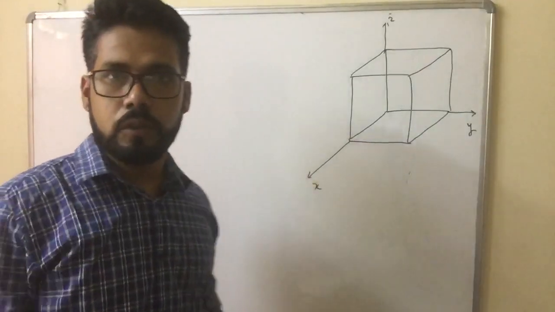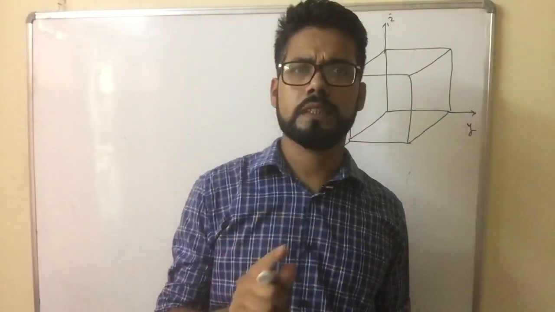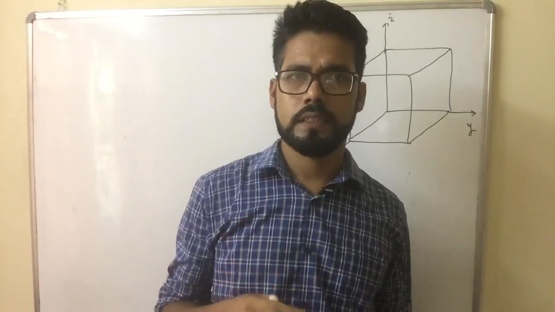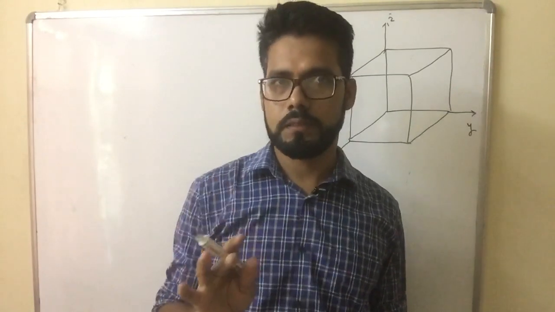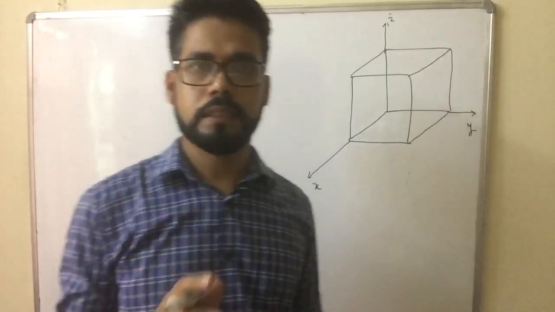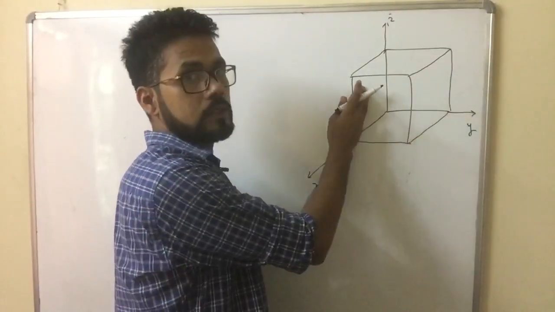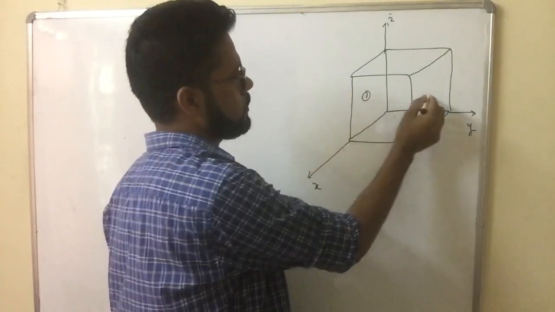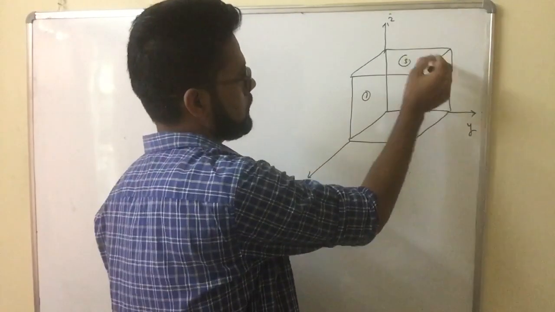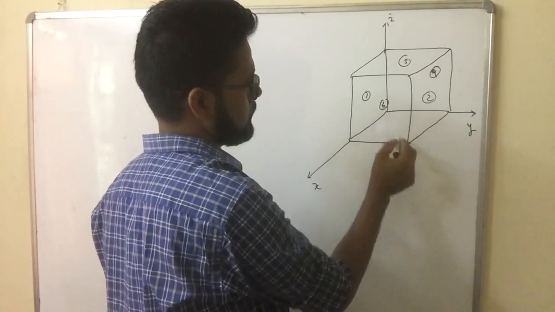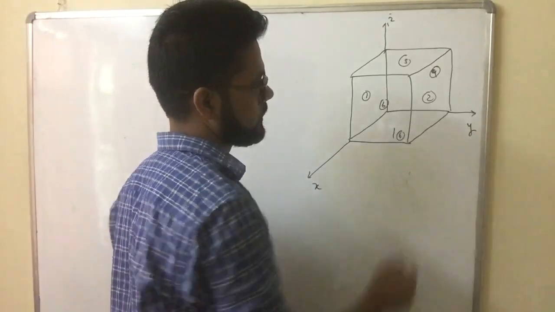I have told you the number of surface areas depends on the degrees of freedom. There are 3 degrees of freedom, x, y, z, 3 directions, so there will be 3 surface areas, and 3 surface areas opposite to those. One surface is this one, and this is opposite. This is 1, 2, 3, 4, 5, 6 surface areas.